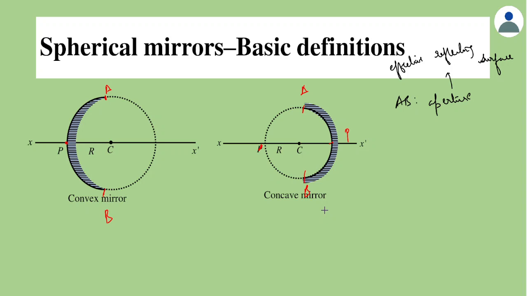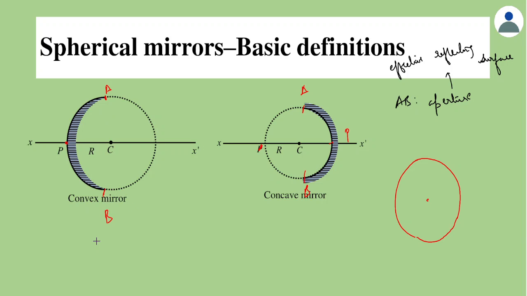We studied that spherical mirrors are part of hollow spheres. So if the whole sphere is constructed, something of this kind, then we'll have a center of the sphere. Even here, we'll have a center for this imaginary sphere. This is called the center of curvature, because what we get is not a complete sphere, but only a part of it.